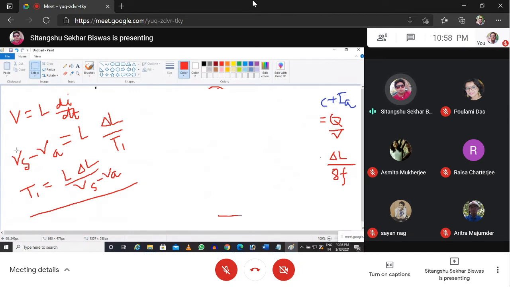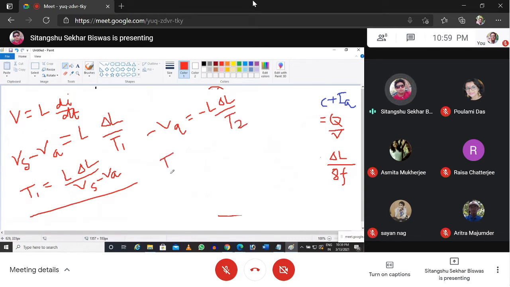So if input voltage is not there in this equation, it turns into minus Vo equals, now the gradient is negative, so minus L del L by T2, that is the off period.